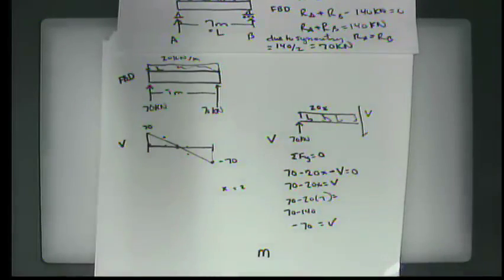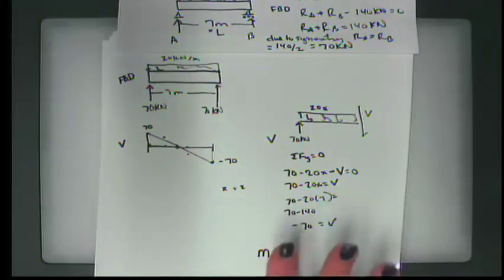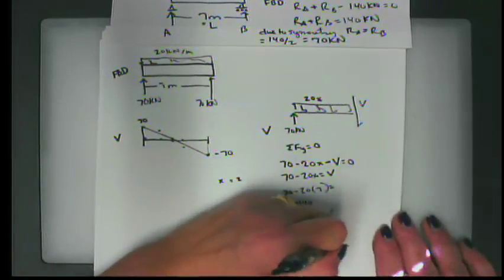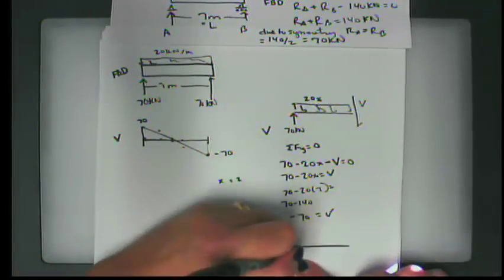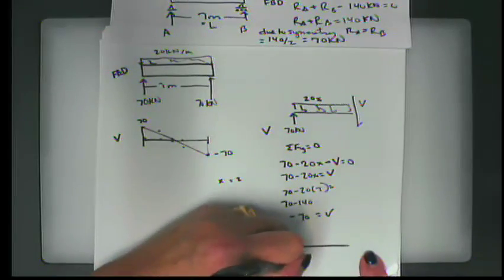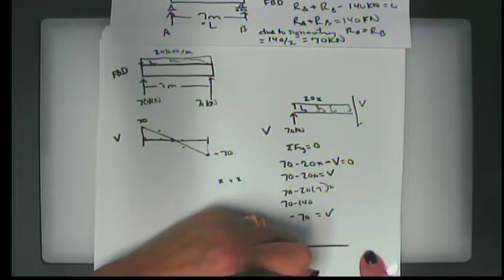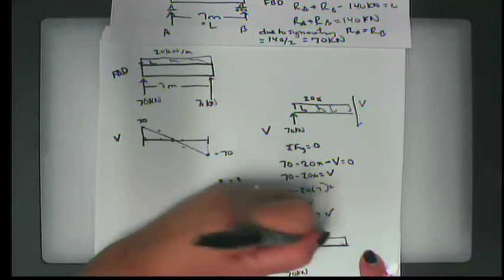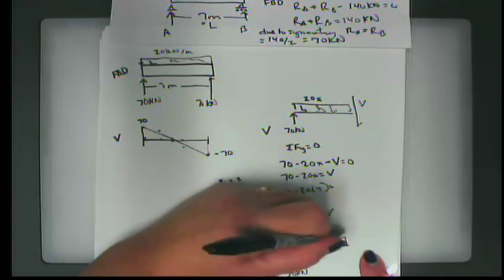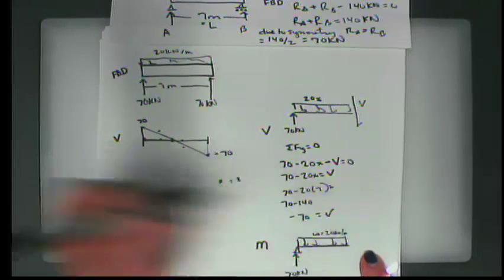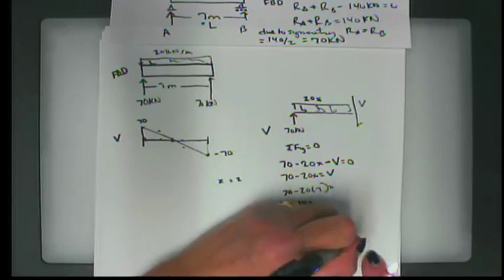Well, the moment, of course, we have to draw. This is all statically determinate stuff, so we have to draw this and think about it once again, beginning at the left and cutting on the right. So here at A, we have a 70 kilonewton force, and then everywhere along the beam, we have a W equal to 20 kilonewtons per meter. Okay, so what does that do for our moment?